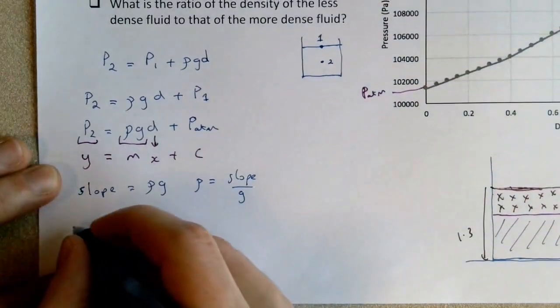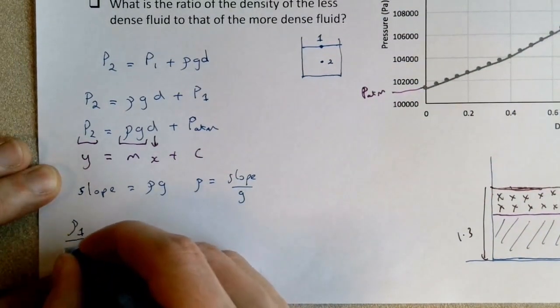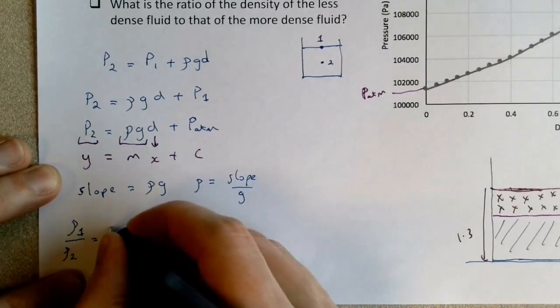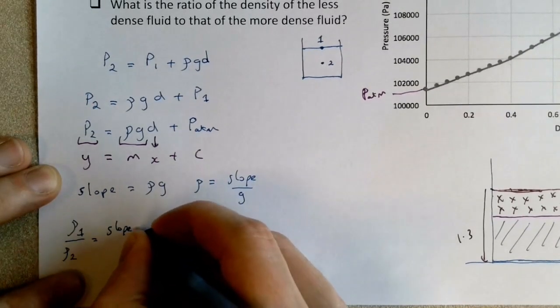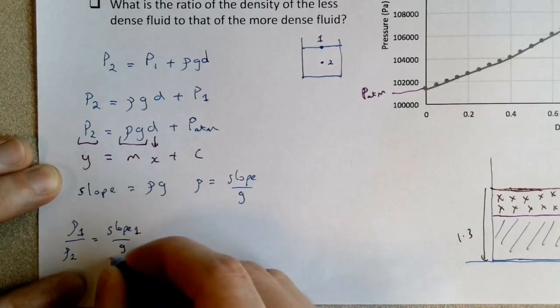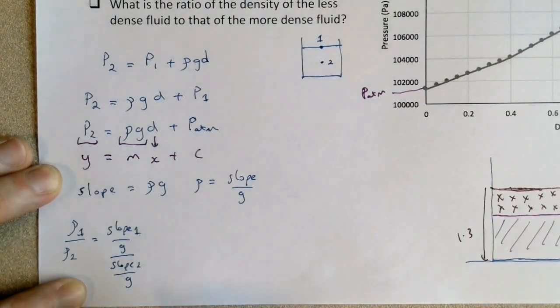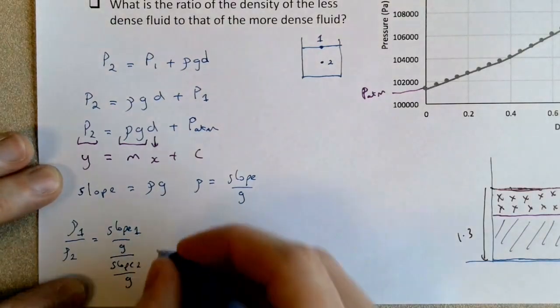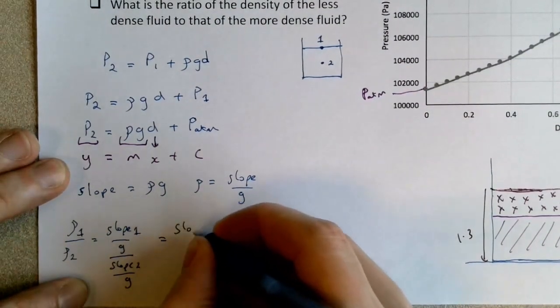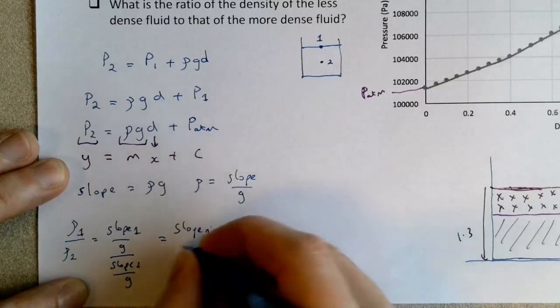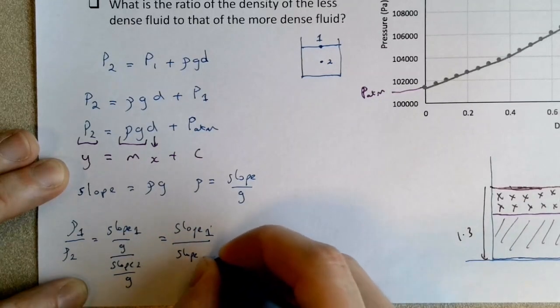If I want to write rho 1 over rho 2, that will be the slope of 1 divided by g, all over the slope of 2 divided by g. We turn this one upside down and multiply it, and we're going to get slope 1 divided by slope 2.